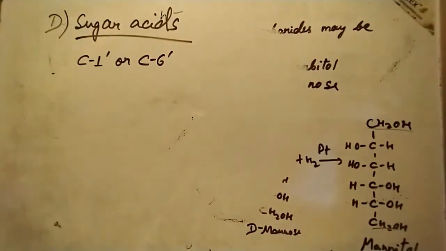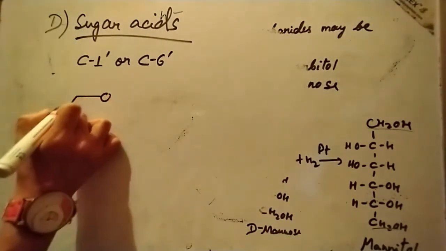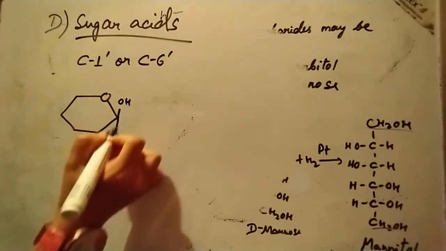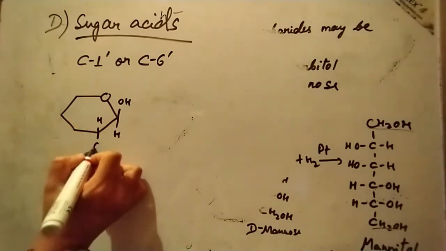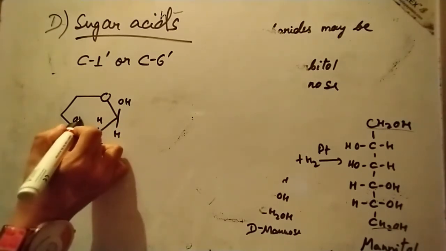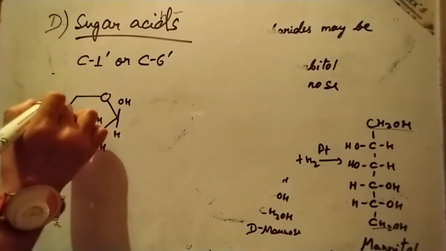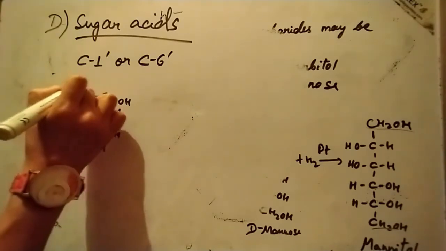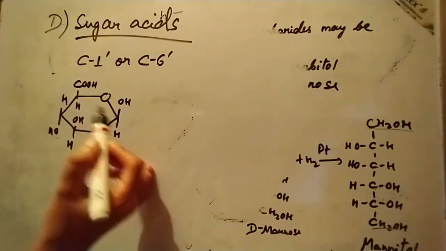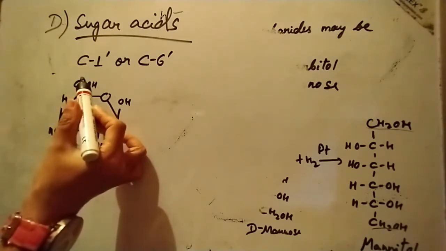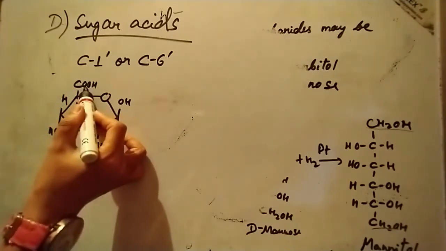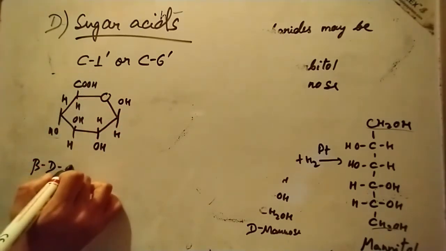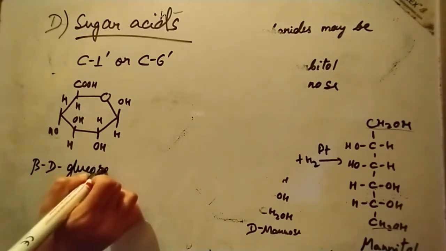Now one of the examples I can show here is, you see here this carbon number 6, the alcohol, it gets oxidized to carboxylic acid. So this molecule is termed as beta D-glucuronic acid.